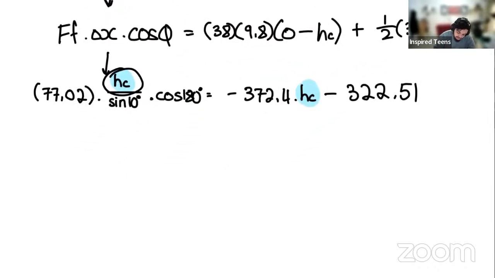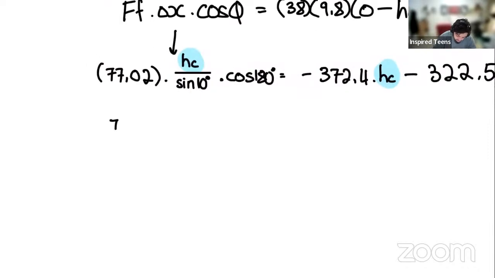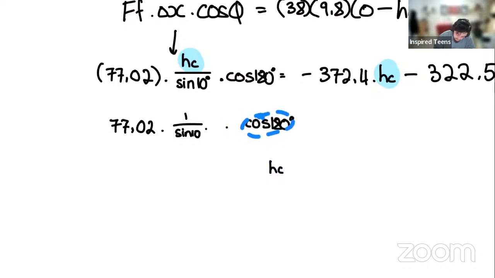So this here is like having a variable. So I'm going to rearrange this. It's like having 77,02 times 1 over sine 10 times hc. So I just moved hc to the side, and I can just move this to the end.